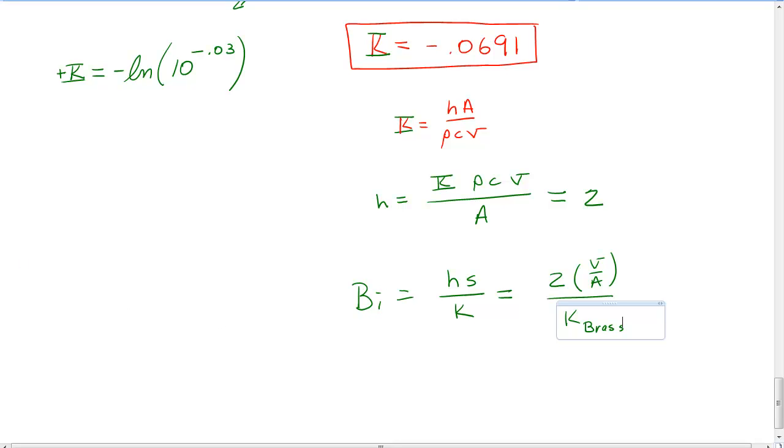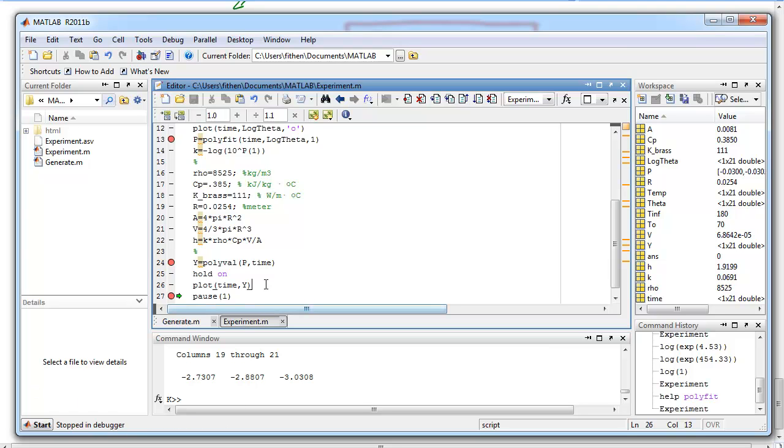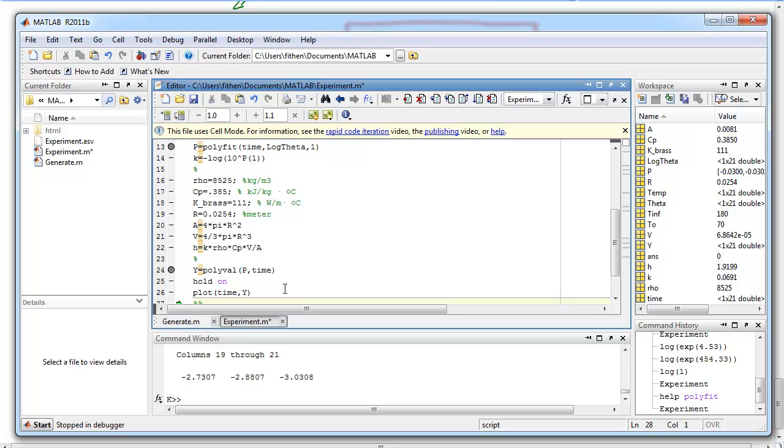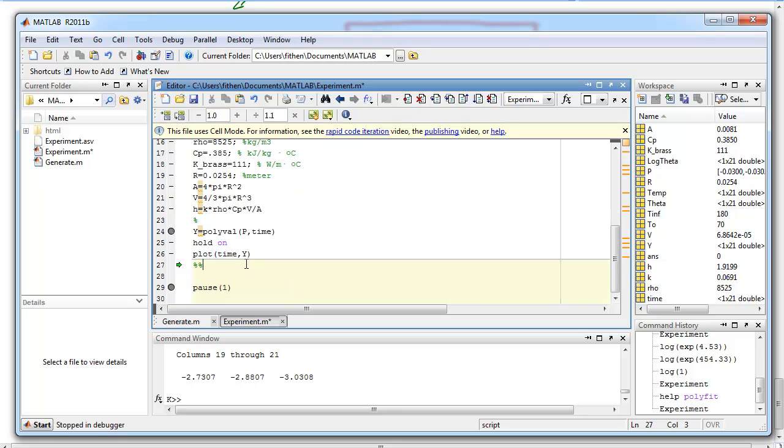Let's go take a look at our MATLAB code here. Okay, let's make our last thing calculate the Biot number. Now, Biot number is going to be equal to h times volume divided by area divided by the K of our brass.